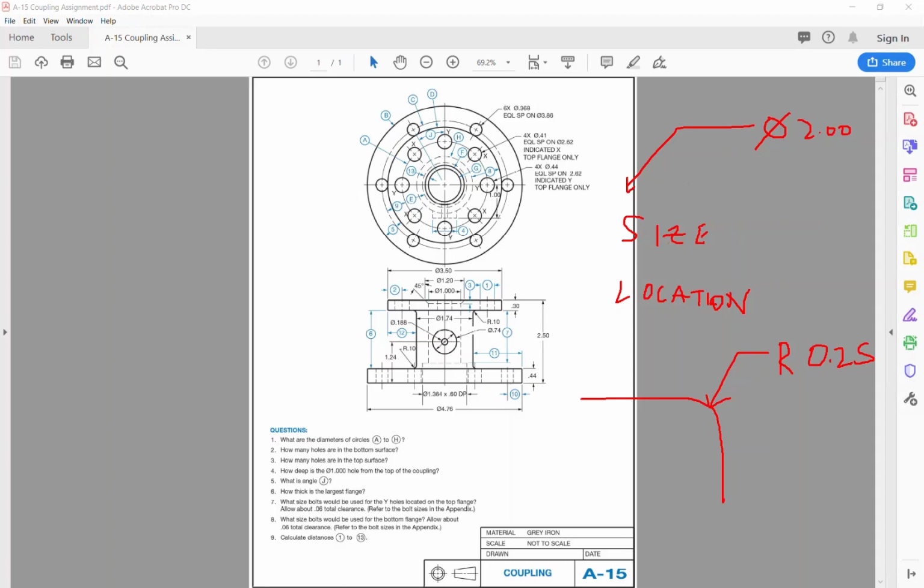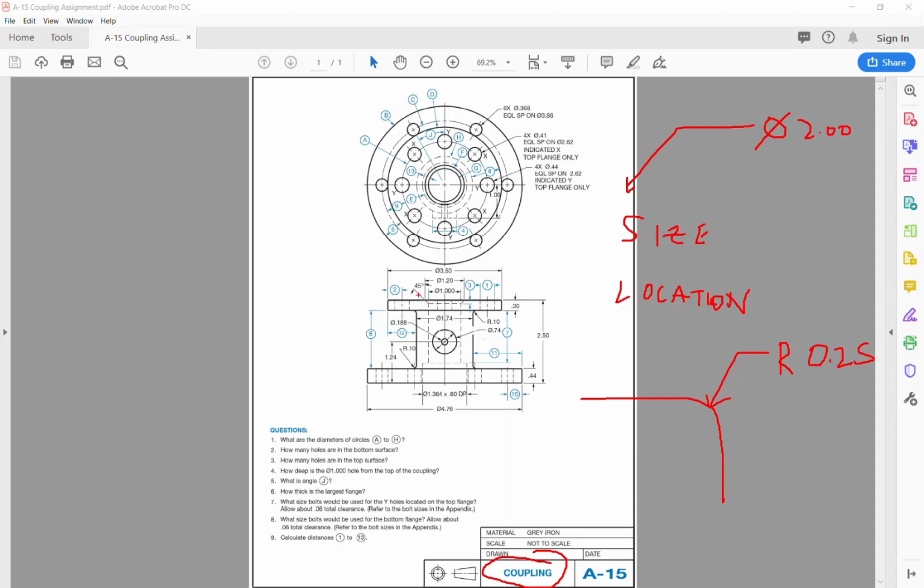So in this activity, we've got this object. It's called a coupling, and as the name implies, it's coupling something together. It could be a pipe system, or it could be a coupling in a mechanical transmission or power train system. So this coupling has a few features that you're going to learn about.